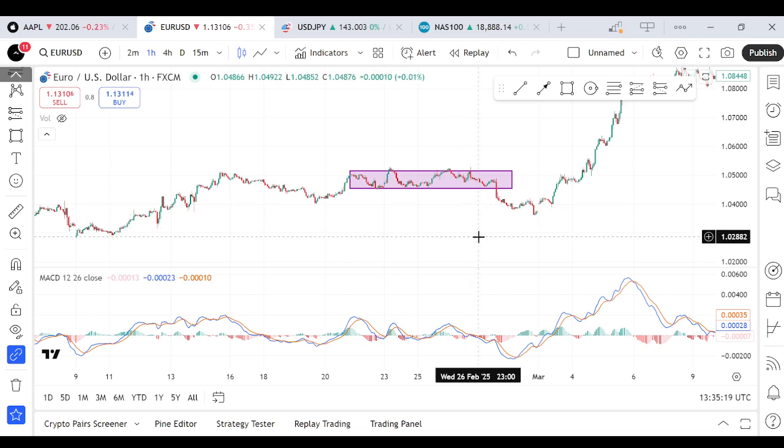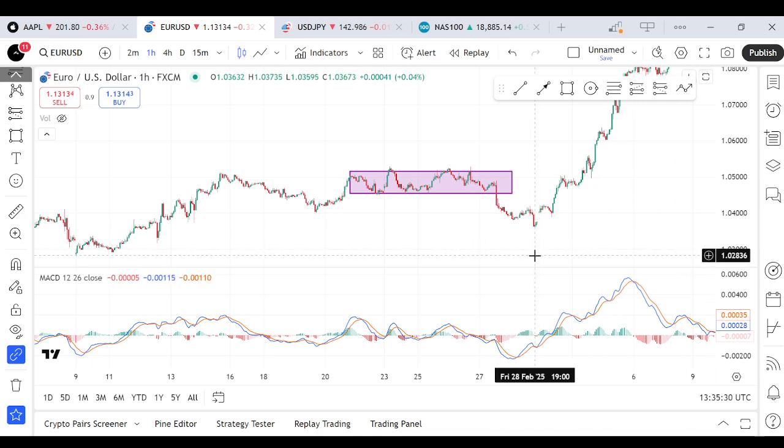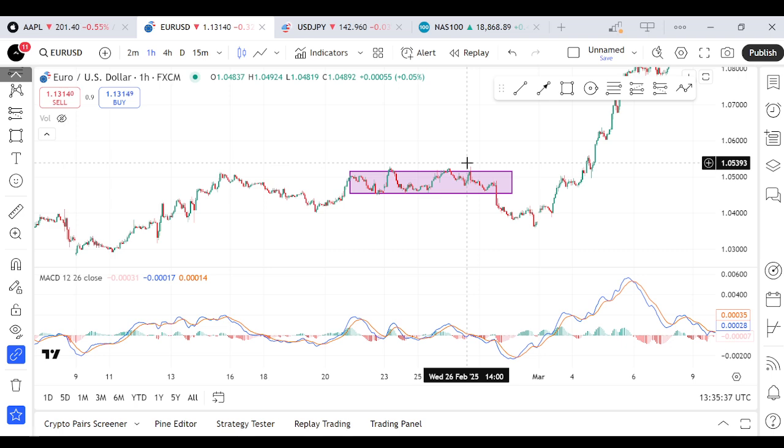So when price approaches support, look for the MACD line to cross above the signal line or for the histogram to shift from negative to positive. And also within the range, when price nears the resistance of the range, wait for the MACD line to cross below the signal line or wait for the histogram to shift from positive to negative, indicating bearish momentum.